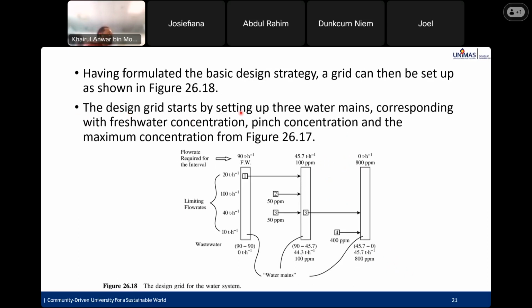The design grid starts by setting up the mains corresponding with freshwater concentration, pinch concentration, and the maximum concentration. So the limiting flow rate here, refer back to the table. If it's not given, you need to calculate. How to calculate this?